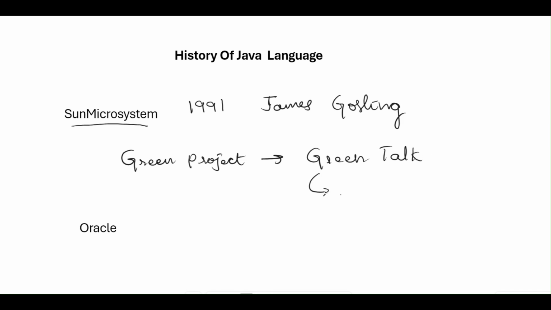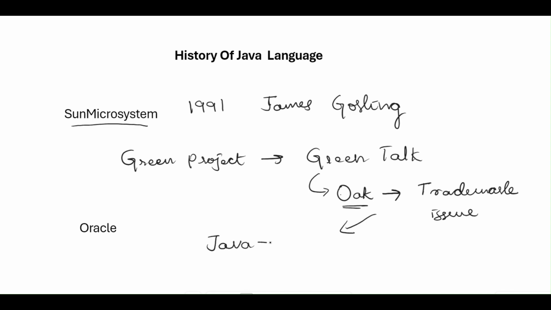Then they renamed Green Talk to Oak. Oak had some trademark issues, so they renamed Oak as Java in 1995. Oracle is the current owner of the Java language, though initially Java was owned by Sun Microsystems.